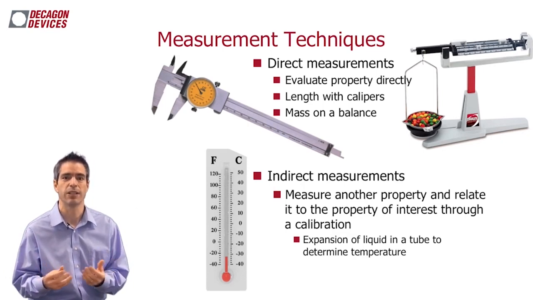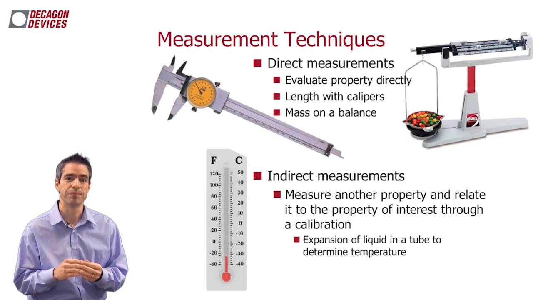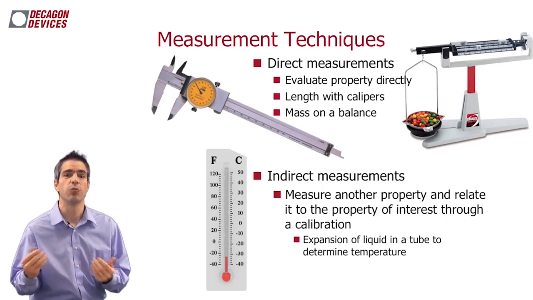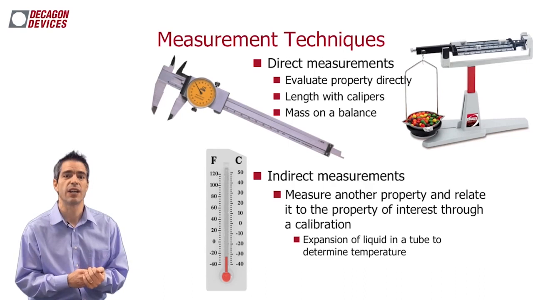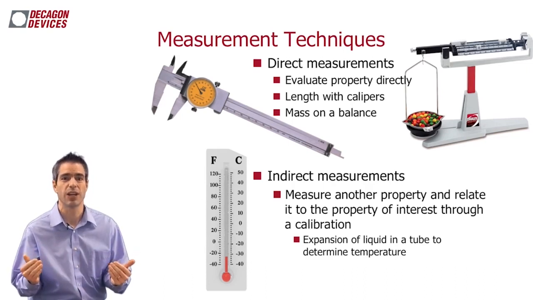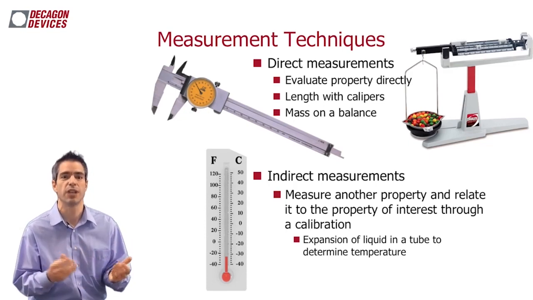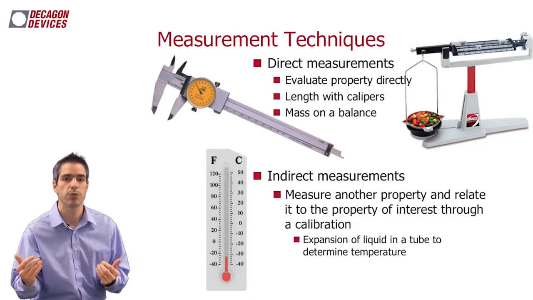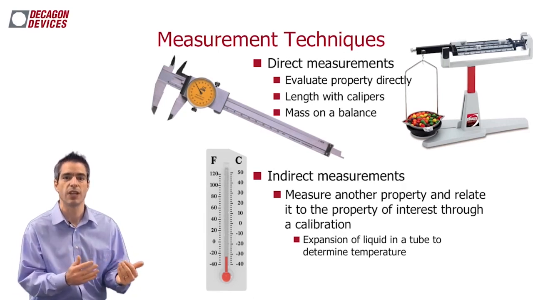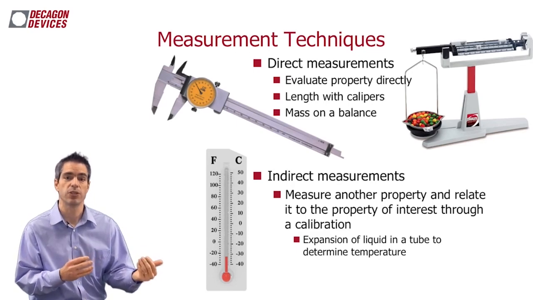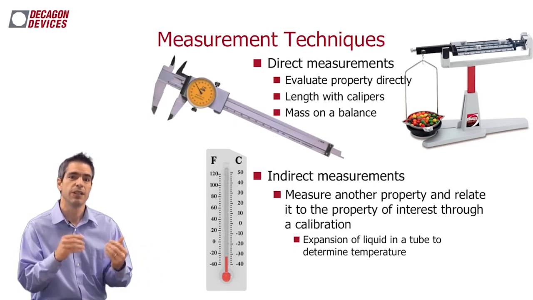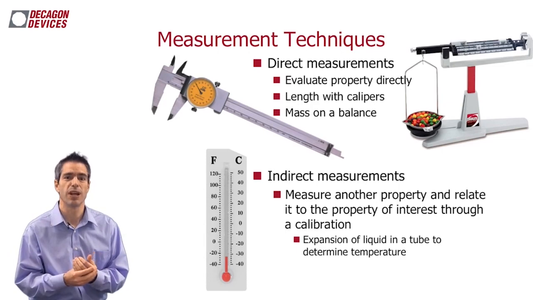And we have calibrated the expansion of that alcohol to some scale that we then understand, set to this known standard we call temperature. So we have tied those two together. Rarely do we think we haven't measured temperature correctly when we make this indirect measurement, but we do understand that because we're not measuring temperature directly, we have to take steps relating first the expansion of alcohol in a sealed tube to this temperature value.